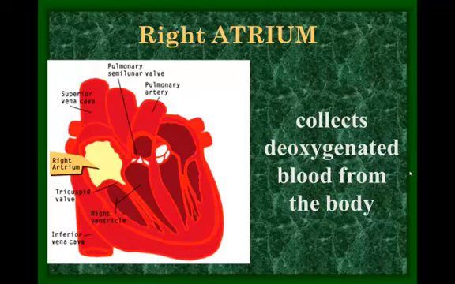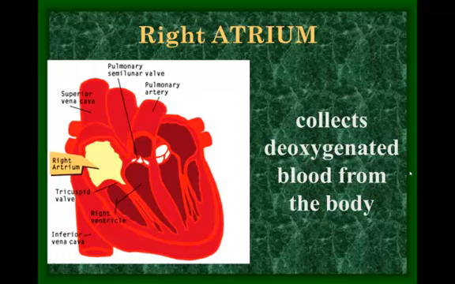So the right atrium, it is getting blood from our body. So all that blood that has been giving up oxygen, taking on carbon dioxide. So it's deoxygenated blood. Or remember the term that your book uses, and the new term for it now is oxygen poor blood, because it just has little oxygen and a lot more carbon dioxide.